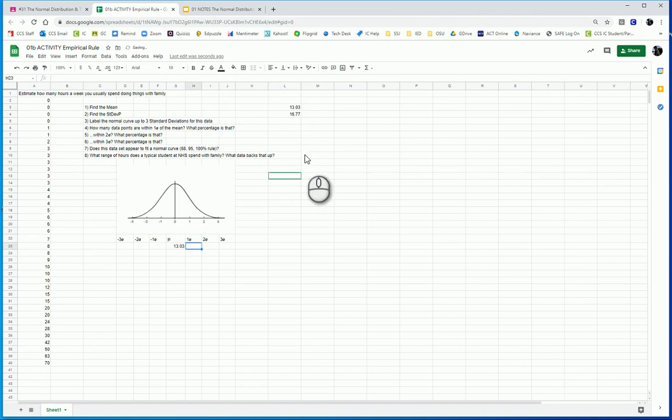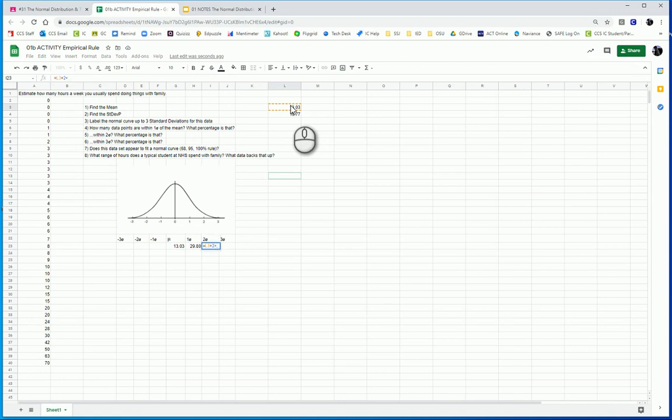Boom. All right, and then this one is 1 standard deviation above, so equals, well, that's the mean plus 1 standard deviation, L4. Boom. 2 standard deviations would be equals the mean plus, now we want to do 2 of those, so 2, and then we use the star, which is above the 8 key.